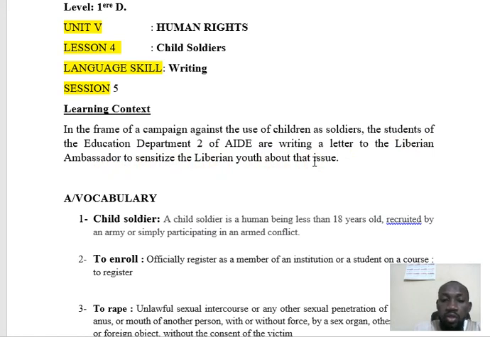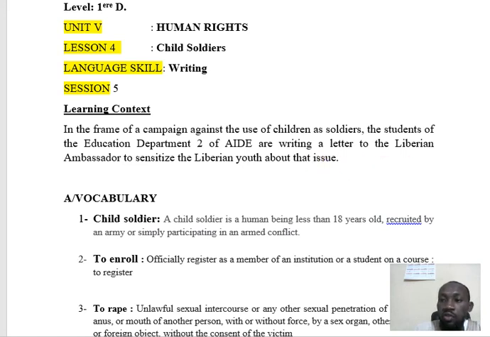So the question I'm going to ask you: what are the students doing? Obviously, they are writing a letter to the ambassador of Liberia, for the sake of sensitizing about how dangerous the use of children as soldiers is.